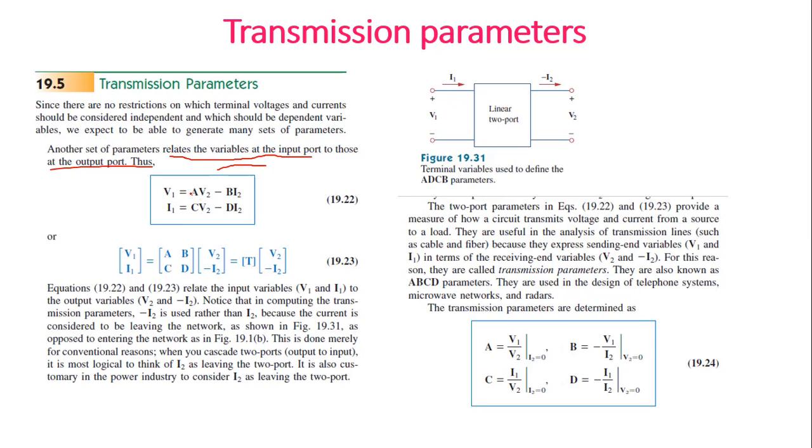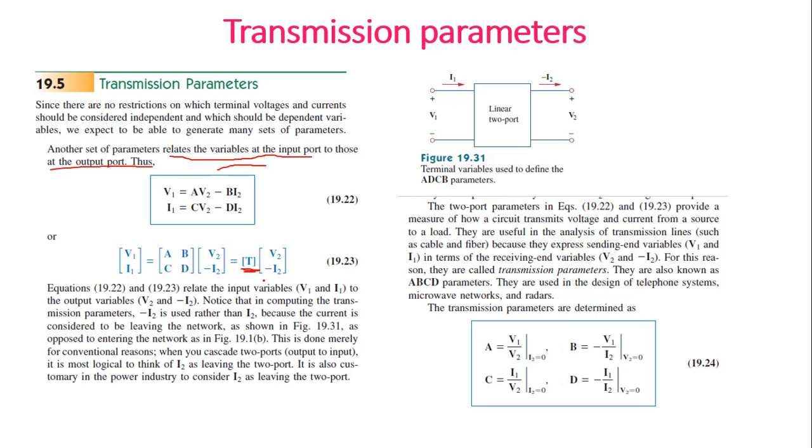So V1 is equal to A V2 minus B I2, and I1 is equal to C V2 minus D I2. This can be expressed in matrix form as [V1, I1] equal to the matrix [A B; C D] times [V2, minus I2]. So this matrix T is the matrix of A, B, C, D.